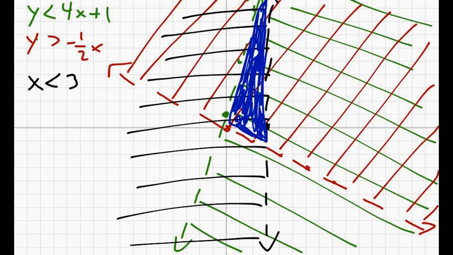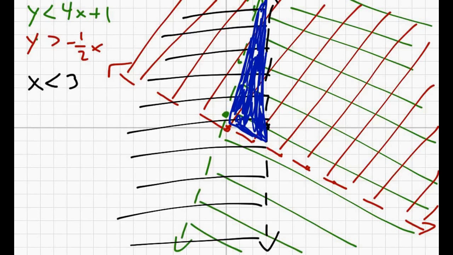It was to the left of x is less than 3. It was greater than, y is greater than negative 1/2 x. And it was less than, so y is less than 4x plus 1. And then that will be our solution. So any point in that blue region, I could plug the ordered pair into any of those inequalities and it would be true. It would work for all three of them.